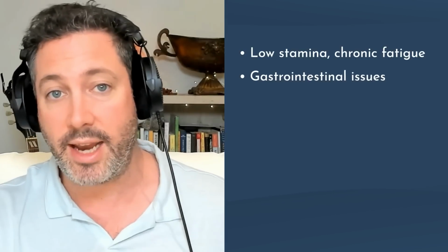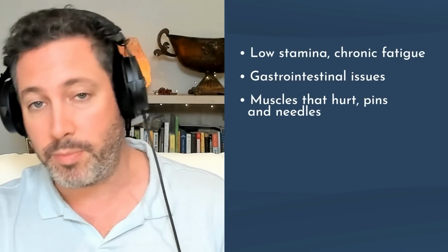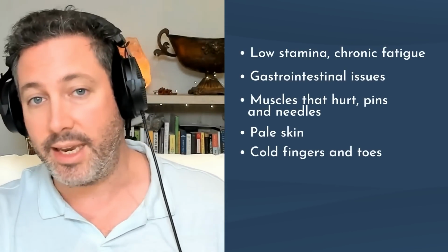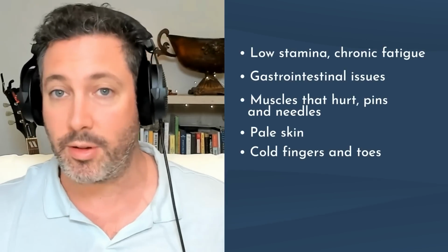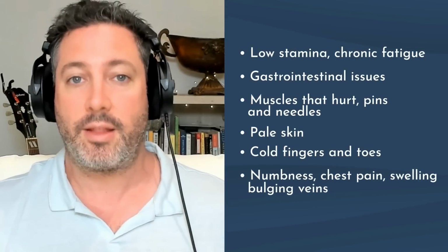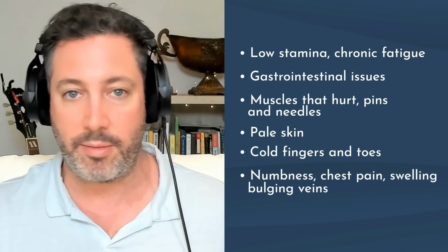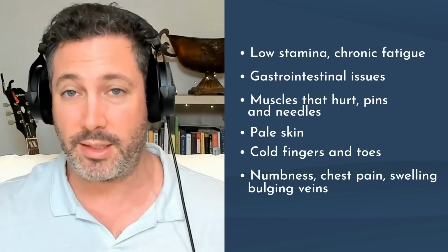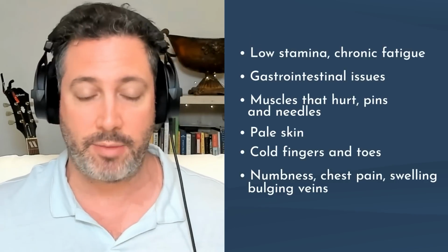And what happens if you have low nitric oxide? Well, there are some signs and symptoms that you can evaluate. People who are suffering from low stamina, GI issues, muscle pain, pale skin, cold fingers, poor circulation, fingers and toes numbness, chest pain, swelling, bulging veins, things typically appearing over the aging process.